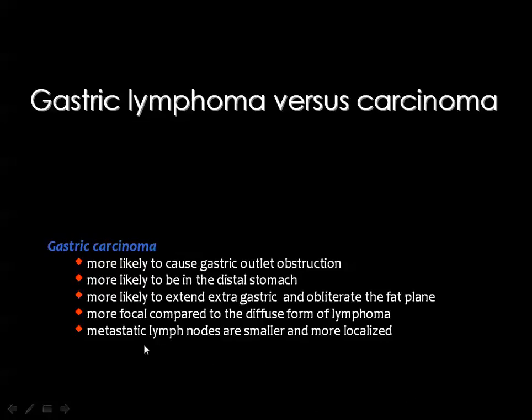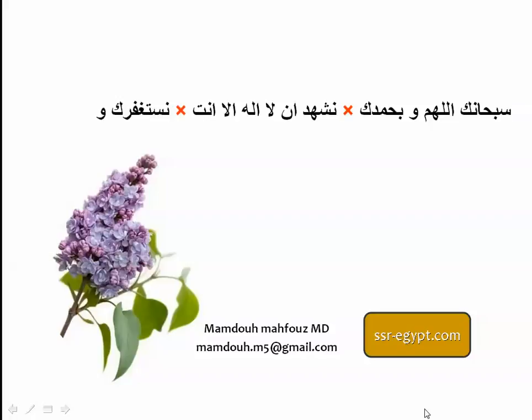Also, metastatic lymph nodes in cases of carcinoma are usually small, localized and discrete, while in cases of lymphoma, lymph nodes are usually bulky, they are usually amalgamated, and they do not usually contain areas of breakdown.